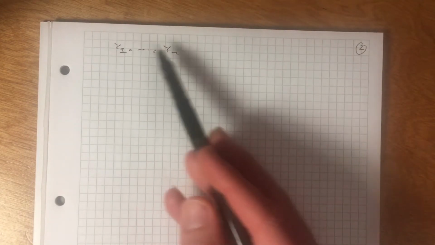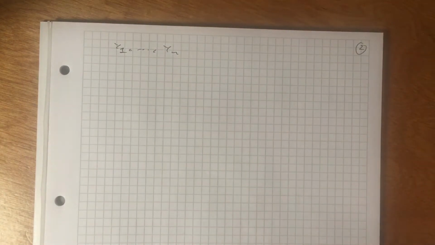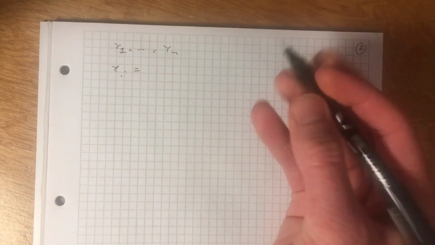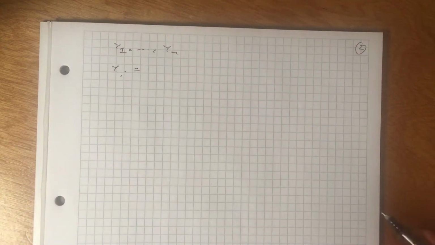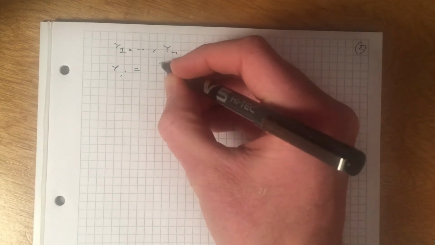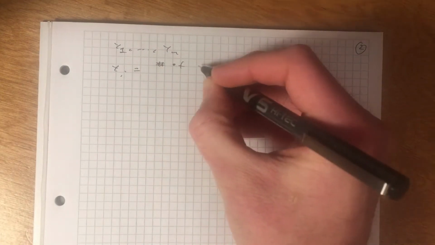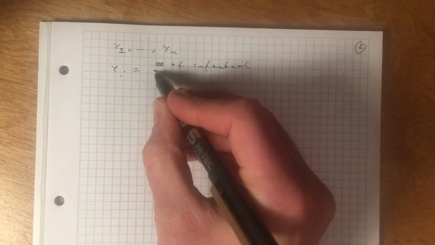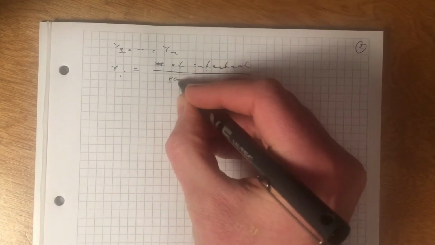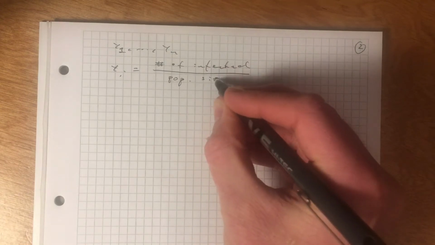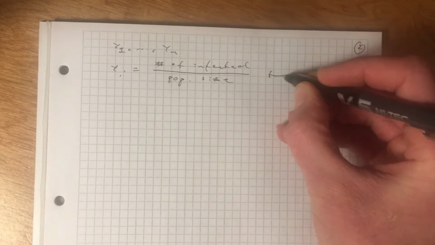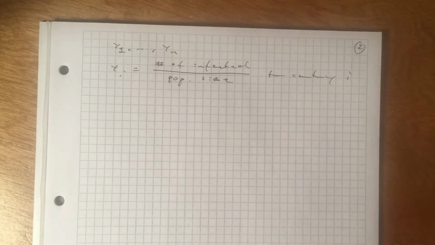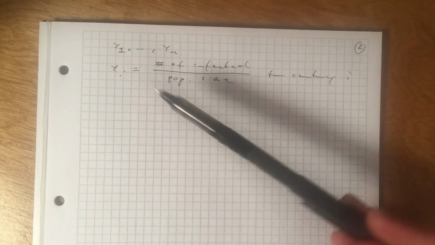These are data points from n different countries, and each yi is the share of the population infected with the COVID-19 virus. So this is the number of infected people divided by the population size for country i. Okay, so we have these data.